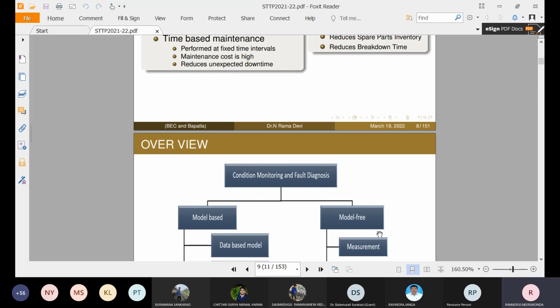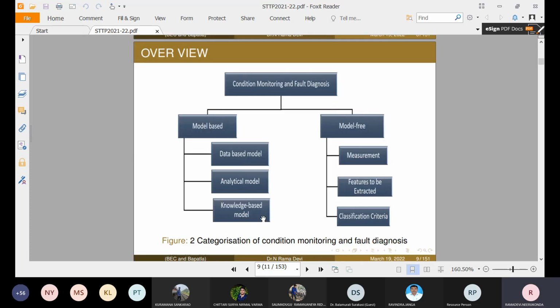The model based techniques are based on three methods: data based model, analytical model, knowledge based model. Based on these models, we implement a model and make use of that model. We monitor the systems and diagnose the various disturbances on the system.